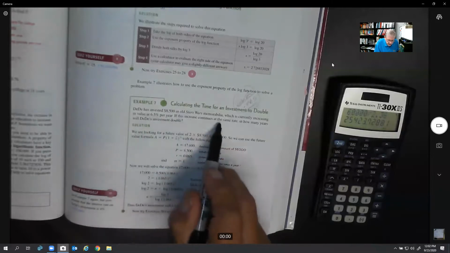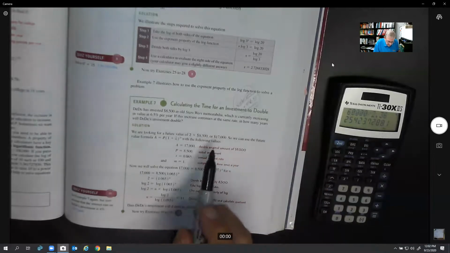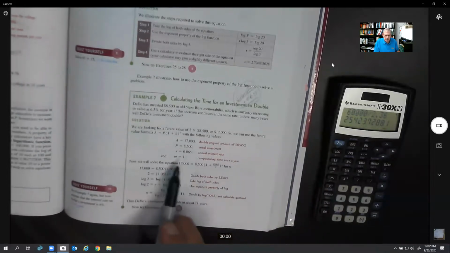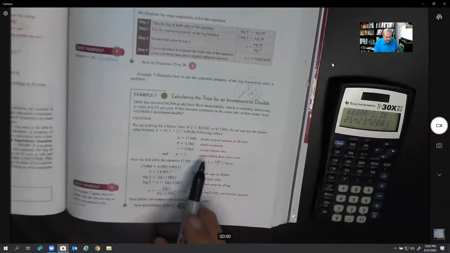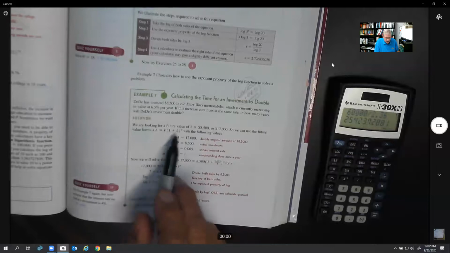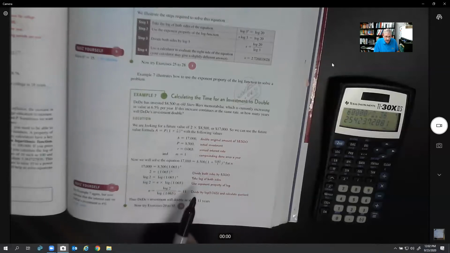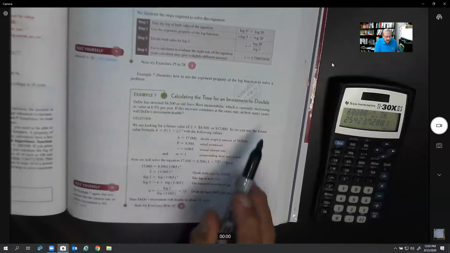If the increase continues at the same rate, how many years will it take? And they did it this way. And if you notice when they got through, they did a lot of calculation here using that formula we've been using. And then they had to go into something called logarithms and calculate it all out. That's pretty hard to find a doubling time.